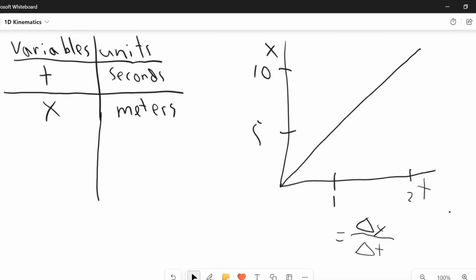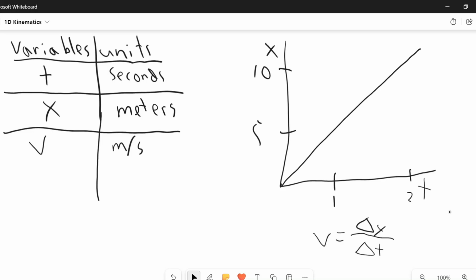So now we can represent this as a new variable v, meaning velocity. And velocity is measured in meters over seconds. Meters over seconds. And velocity is the rate of change of position.